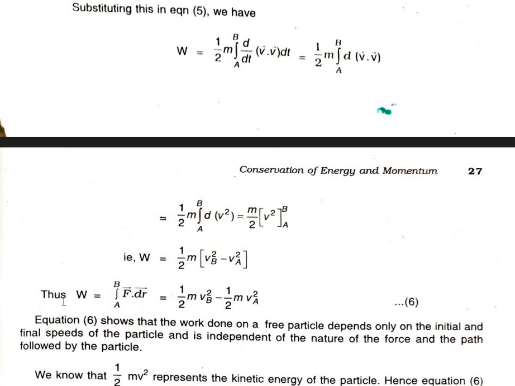These things we already discussed in our early classes. So here W, the work done to move a particle from A to B, is given by integral A to B F dot dr, which is half m vb square minus half m va square.